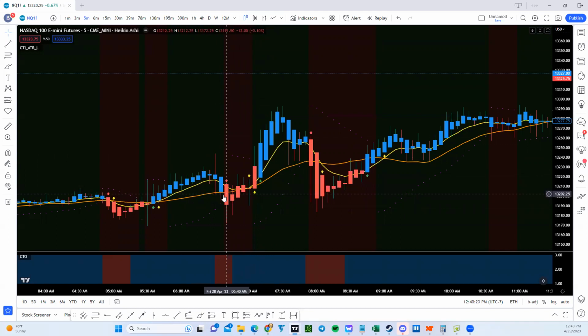The only thing I would say, and this is why with indicators, when I build indicators for myself or use indicators, I don't use just one indicator by itself. I will use different indicators to provide additional layers of confirmation.